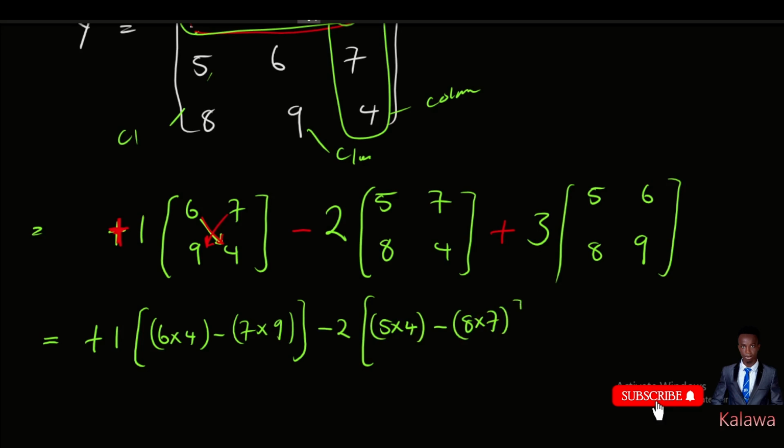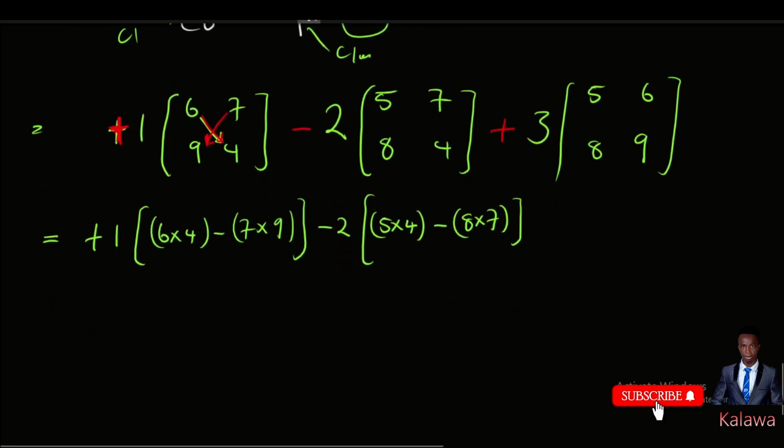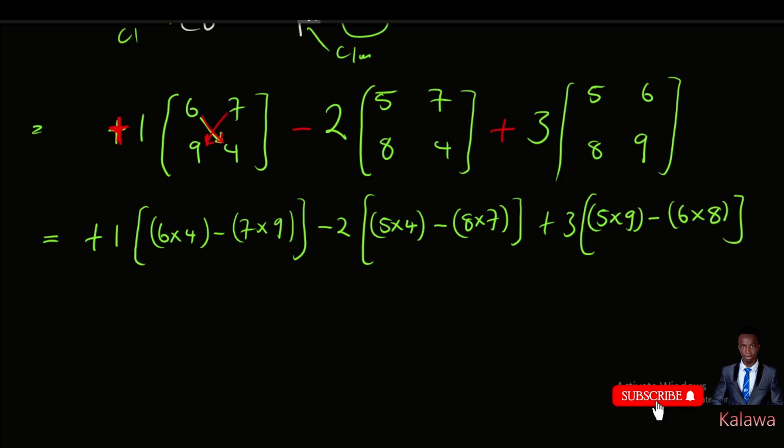So this again is closed. Then we go in plus 3 into 5 times 9 minus 6 times 8. So we proceed. This is how you always find the determinant of a 3x3 matrix.